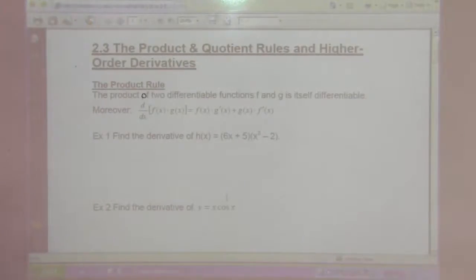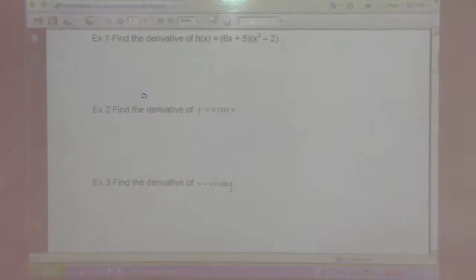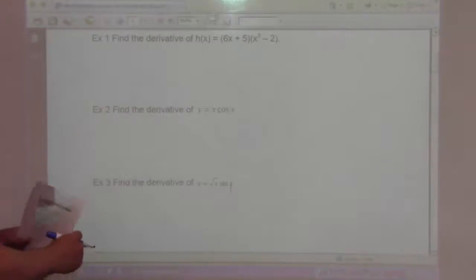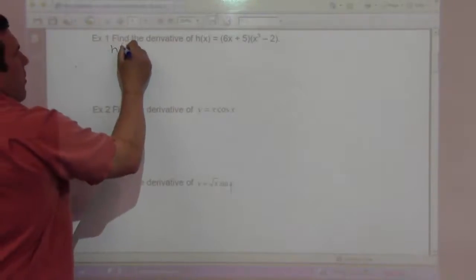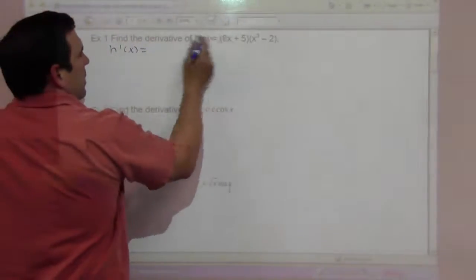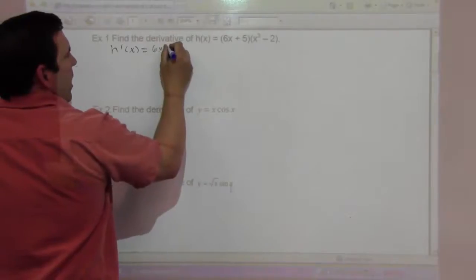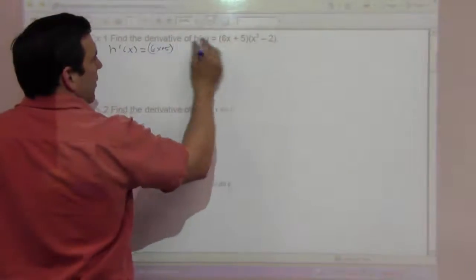So example 1, we are to find the derivative of h of x equals 6x plus 5 times x cubed minus 2. So h prime of x is going to be this 6x plus 5 times the derivative of the second one.